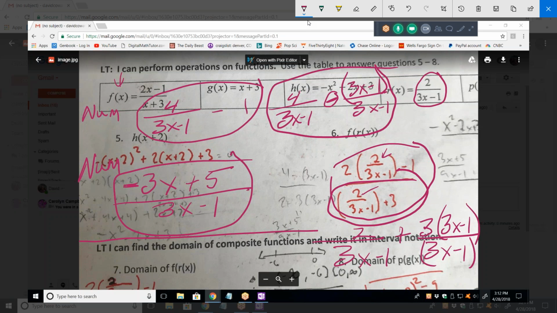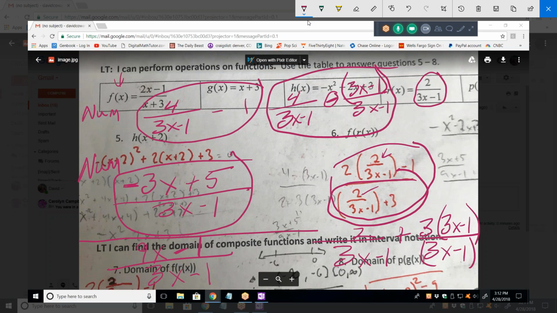So my new numerator is what? 9x minus 3 plus the 2. Yeah, plus 2. So minus 1. And my new denominator is 3x minus 1.